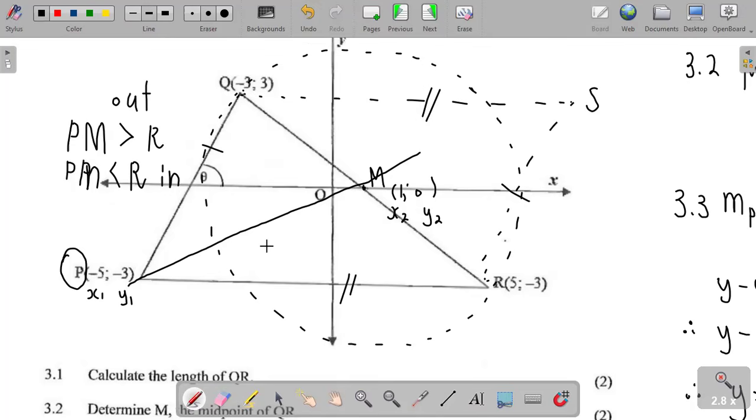And the diagonals are going to be like this, and the midpoint is going to be there at M. This is the midpoint for Q and S. So the midpoint is 1 and 0.